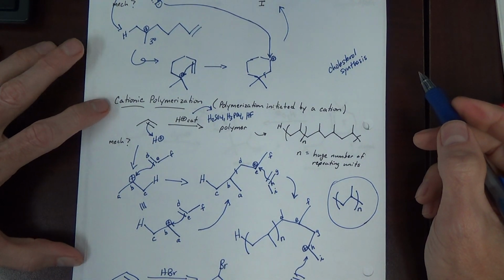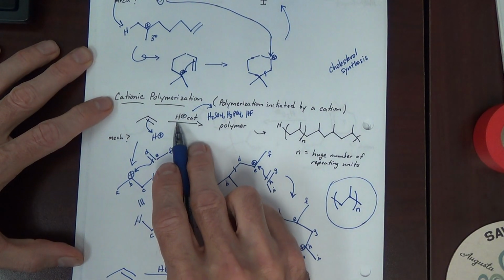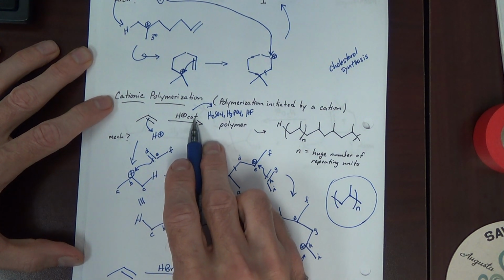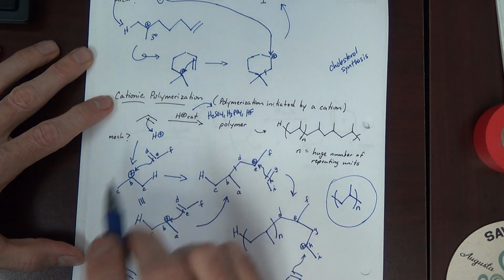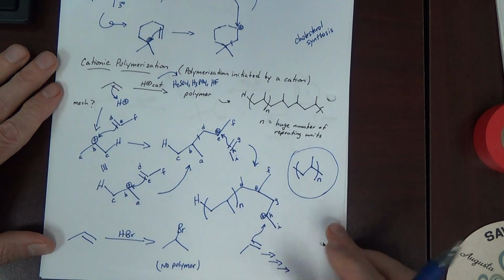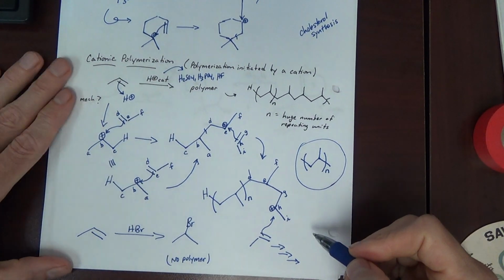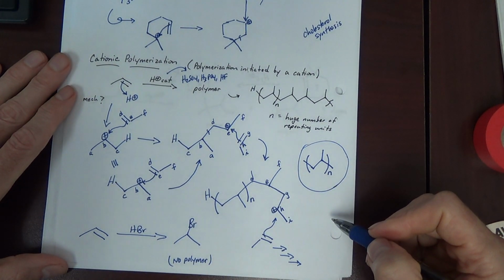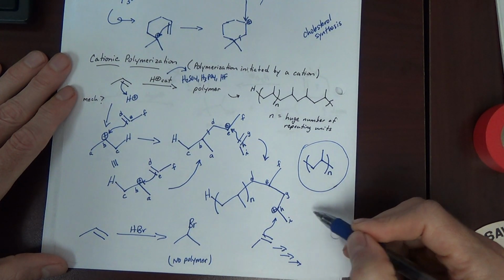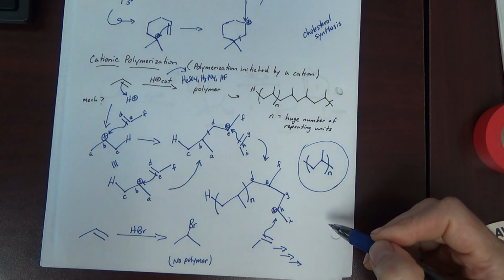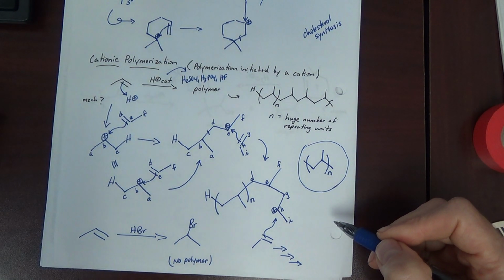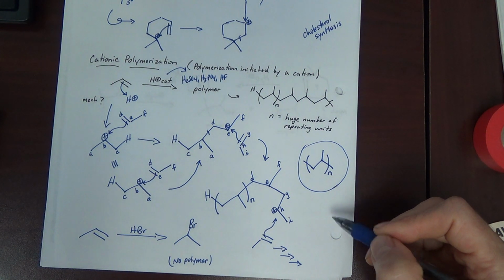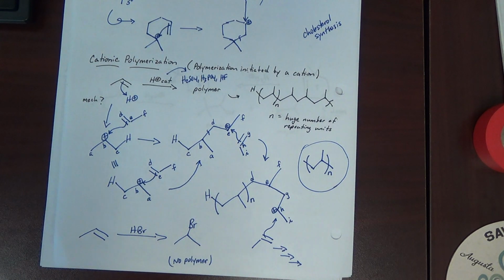It's initiated by a cation, the H plus cation. Now, cat can be cation, but really cat here means catalyst. We didn't show the catalyst reformed because we didn't complete the reaction. At some point, it would need to be reformed for it to actually be a catalyst, and it probably is. If you ever take an advanced course on polymers and polymer synthesis, there'll be a lot more to dive into here.